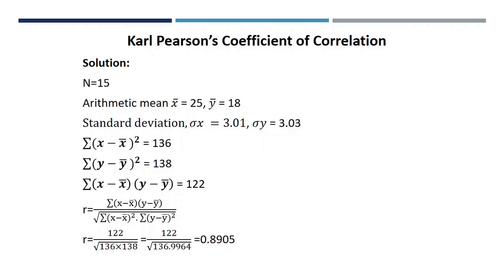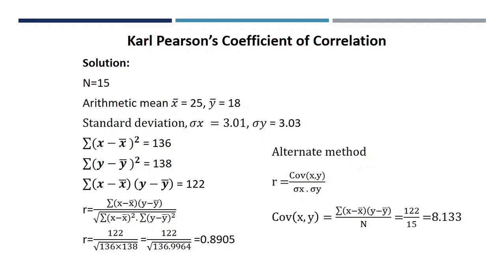Here we are already given the standard deviations of variables x and y, so we can use another method also. By substituting the values in the equation covariance of xy divided by sigma x sigma y, first we can calculate covariance of xy as sigma (x minus x bar) into (y minus y bar), which is 122, divided by total number of units, which is 15. So 122 divided by 15 is 8.133.